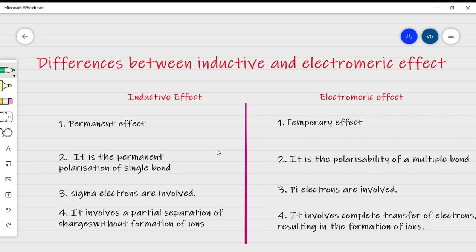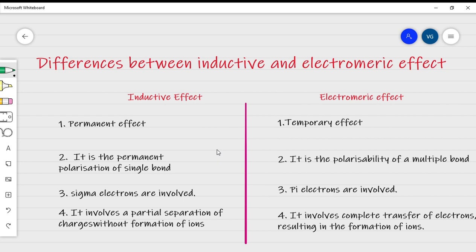Here the reagent does not play any role, it is already present in the chain. But electromagnetic effect is a temporary effect. It depends on the reagent. If the attacking reagent is present, then it occurs. If we remove the attacking reagent, it is removed. So that's why we call it a temporary effect.